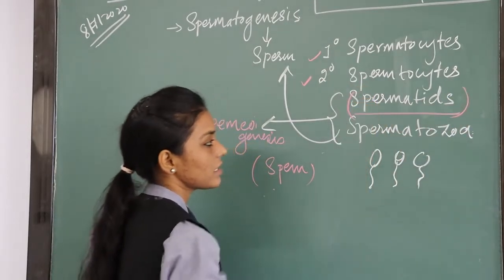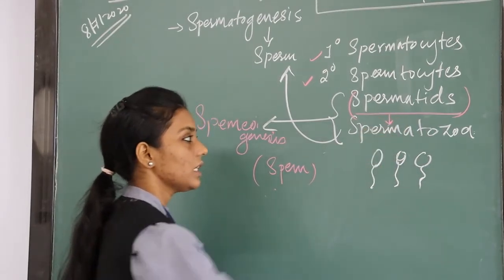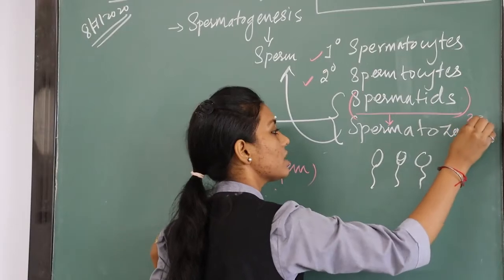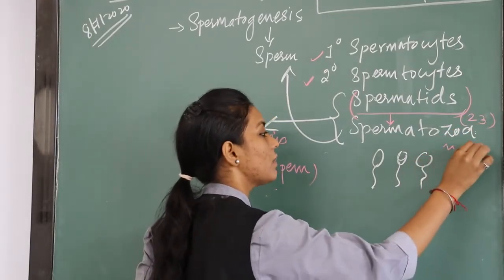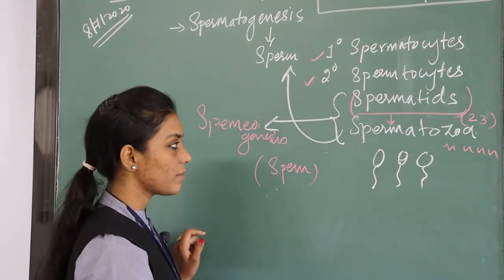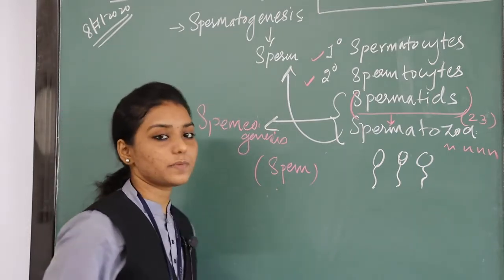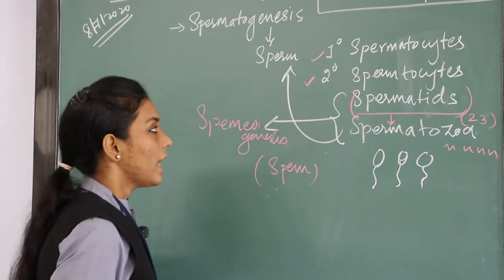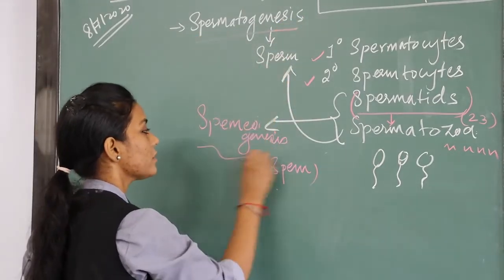These four spermatids form haploid cells with 23 chromosomes, to form spermatozoa. So this is how the whole process of spermatogenesis we have seen, and in this process we have seen the term spermiogenesis.